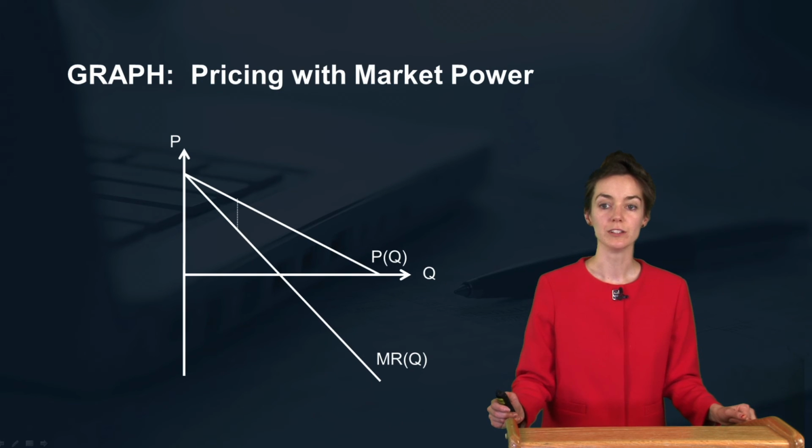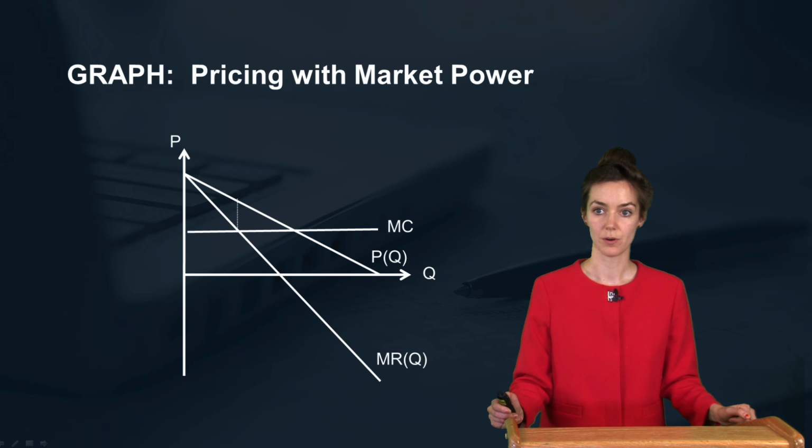So here we have our familiar downward sloping demand curve, P of Q, and our marginal revenue curve, noticing that it intersects at the same y-intercept and it has double the slope. So let's throw on our marginal cost line. So this is horizontal because our marginal cost is constant in this case.